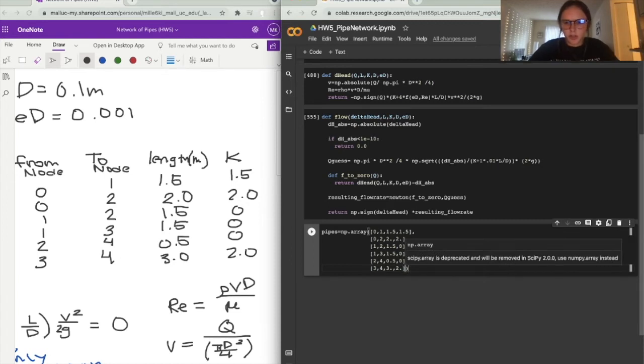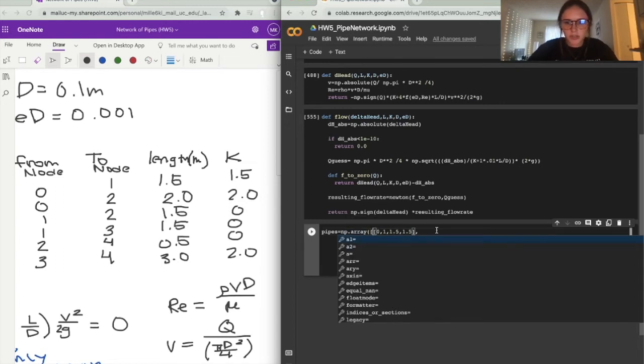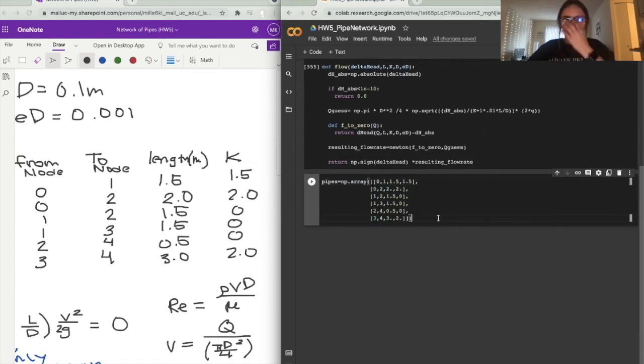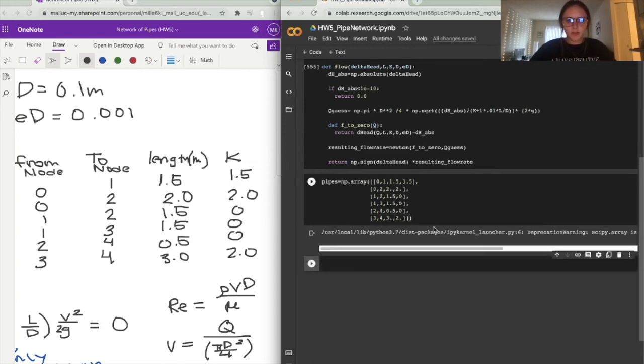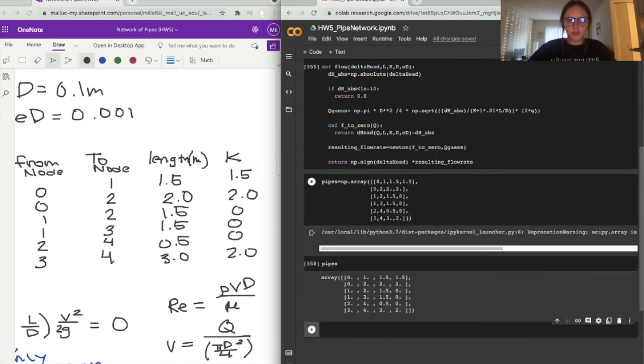And that should be right. Actually, I think we need double brackets there. That should be good. So if we say pipes, okay, so it looks good. That's the array that we have.